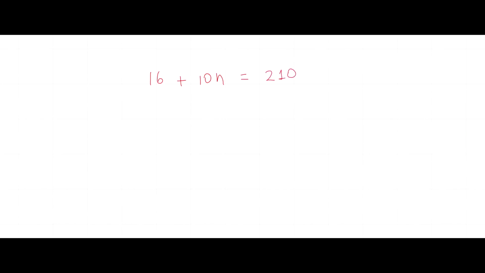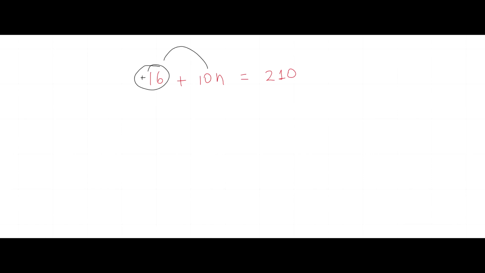Since I want to isolate the variable, I have to get rid of the number 10 and the number 16. The first one that you want to cancel out is the independent number. Let's cancel this one right here.